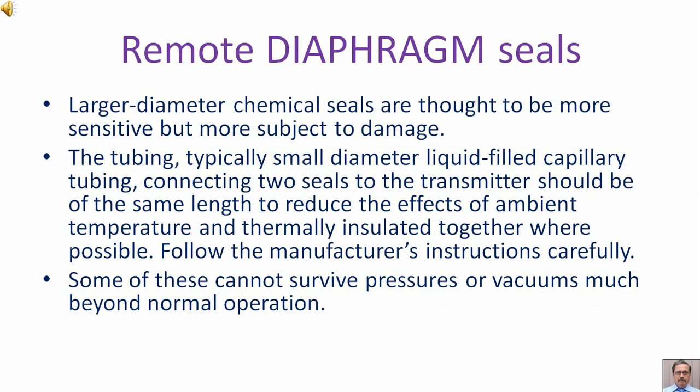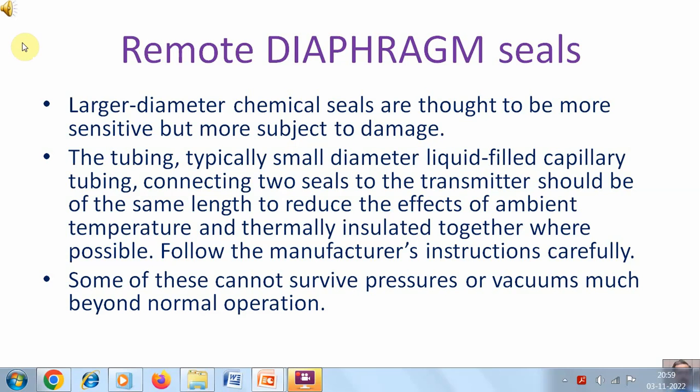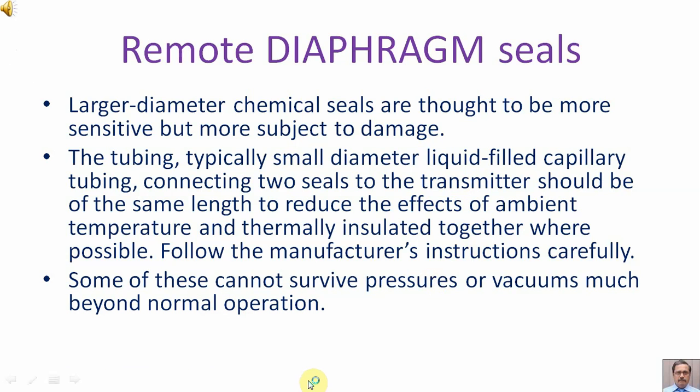The tubing, typically small diameter liquid-filled capillary tubing connecting two seals to the transmitter, should be of the same length to reduce the effects of ambient temperature and thermally insulated together where possible.